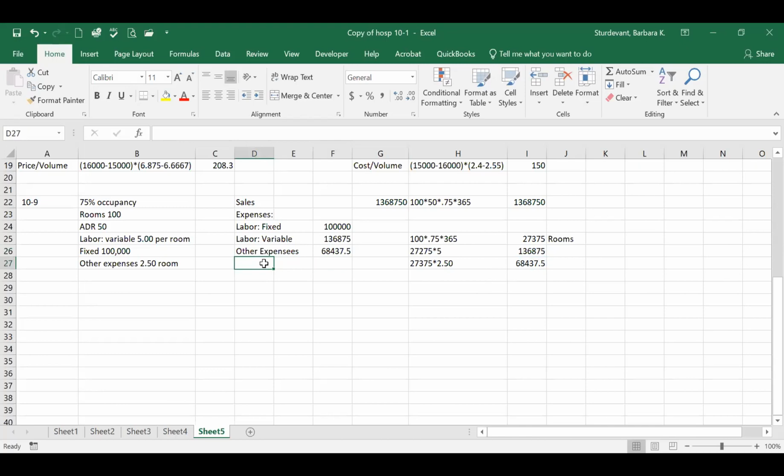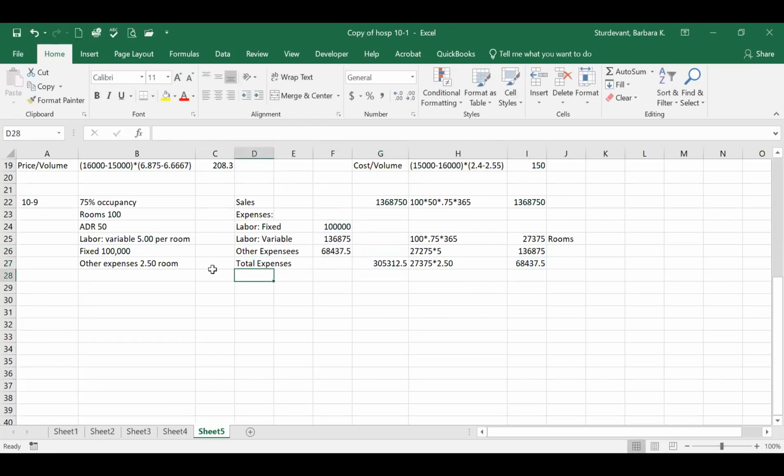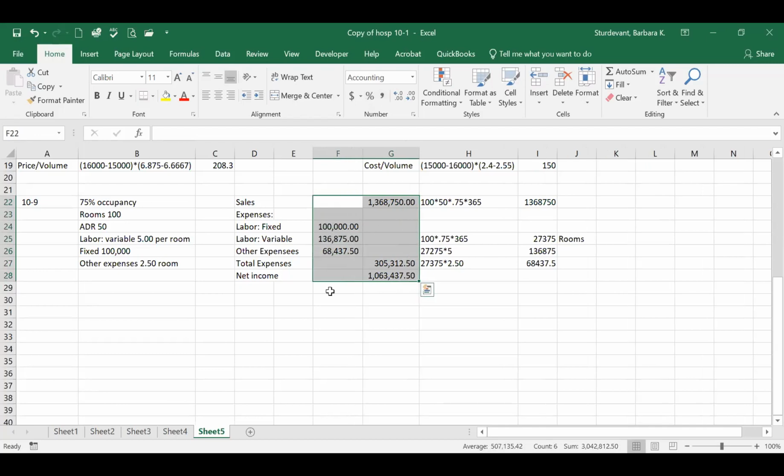So then you would just add up your expenses, and then find your net income. And again, this is your income before taxes. If we had to do our taxes, we would do that at this point.